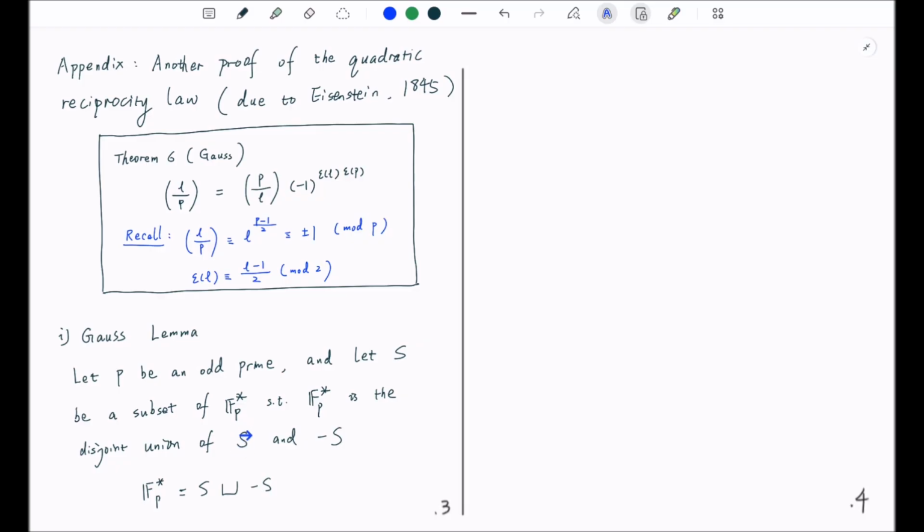Namely, you take the additive inverses of elements in S. So that is our minus S. In the following, we shall take S to be a special subset. We simply take S to be the first (P minus 1) divided by 2 elements: 1, 2, all the way to (P minus 1) divided by 2.